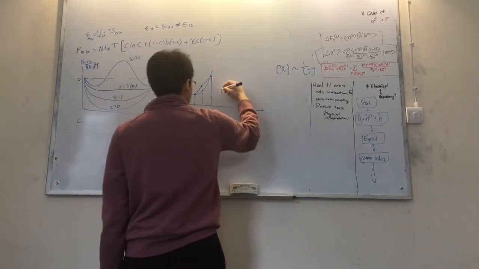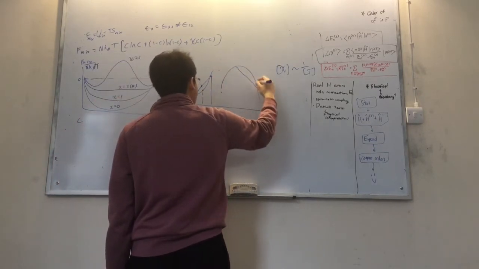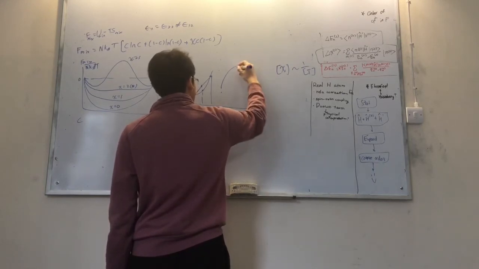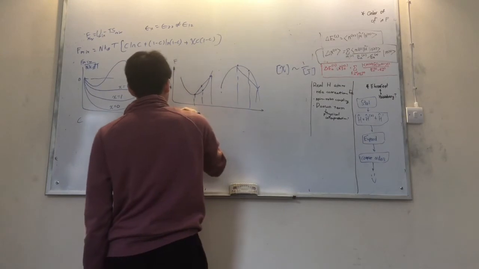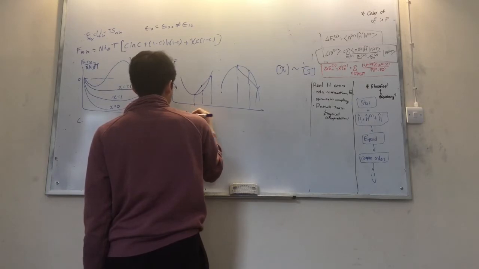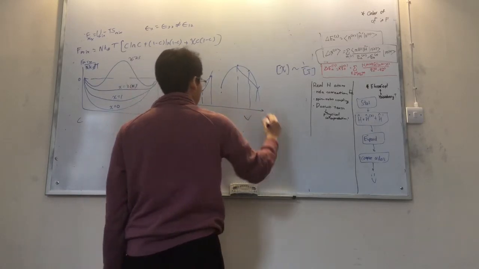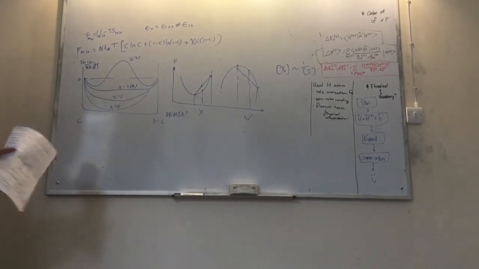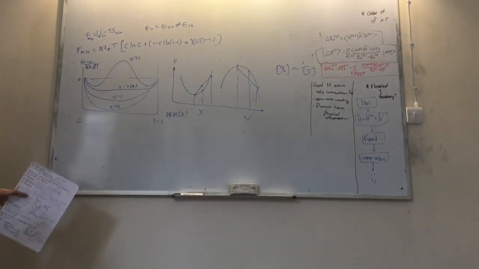Whereas if it's concave downwards, then it is favorable to demix. So this one will demix. When we talk about things being demixed, we mean that from initially a single solution of a single concentration, it separates into two phases of different concentrations.